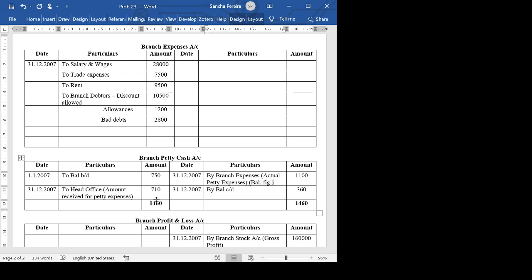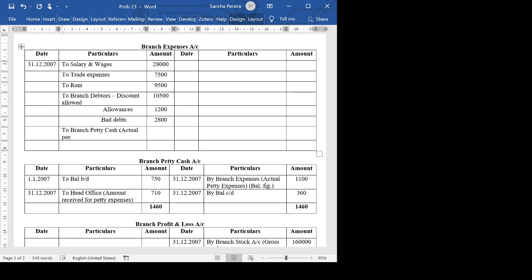So if I say by branch expenses here, it will be to branch petty cash, actual petty expenses 1001.